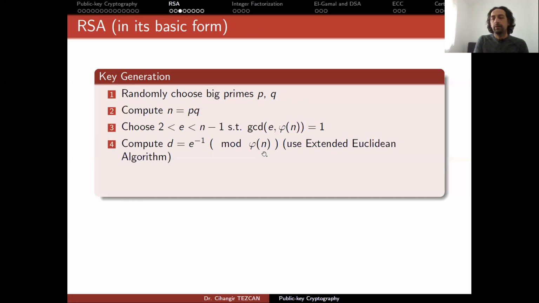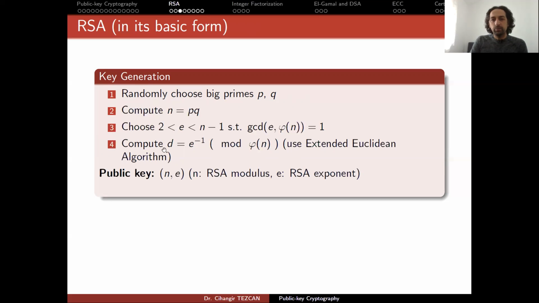So an inverse in modular arithmetic means a number that, after multiplication, makes the result 1. So inverse of E is D, means that their multiplication results in 1 modulo phi n. So again, you might think that this is hard to find, but we have the extended Euclidean algorithm which computes this number in a very fast way, regardless of how large the phi n is.